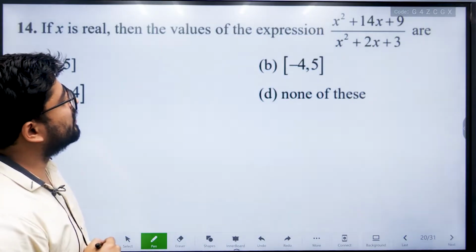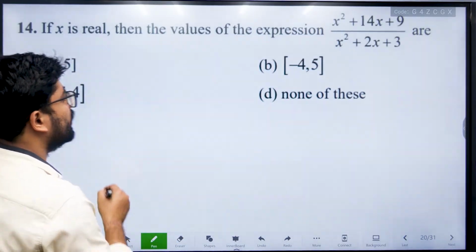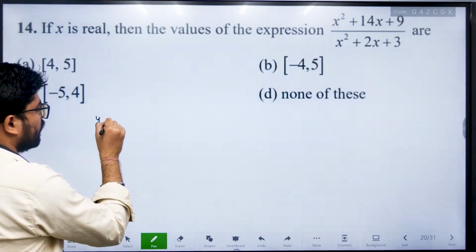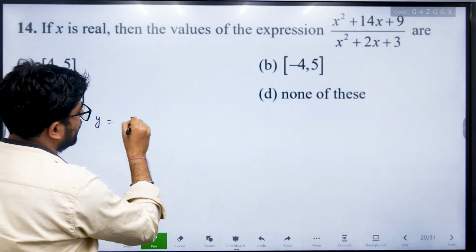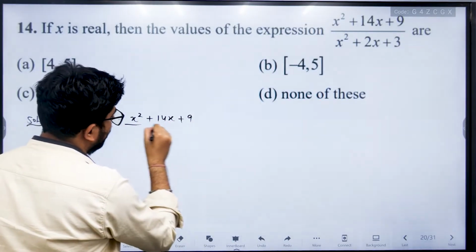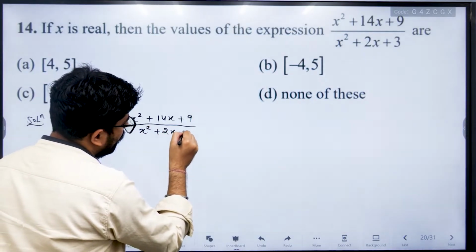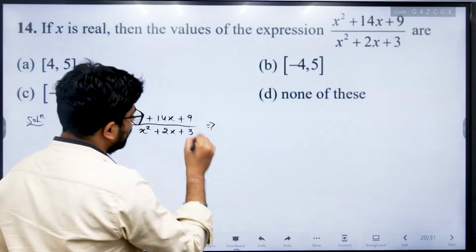Now the next question is: if x is real, find the value of this expression. Again, that is similar to question number 1. Assume y is equal to (x square plus 14x plus 9) divided by (x square plus 2x plus 3). You can use cross multiplication.